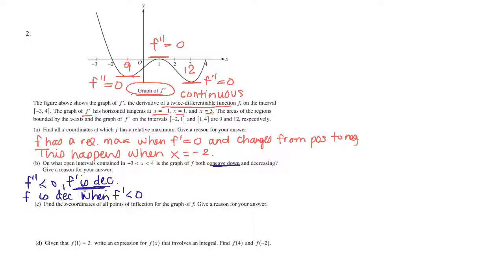And we also have to look to see, well, where is f prime less than 0? So that all translates to decreasing and below the x-axis, right? So where are we decreasing and below the x-axis? -2, and notice it is open interval, -2 to -1, and 1 to 3.